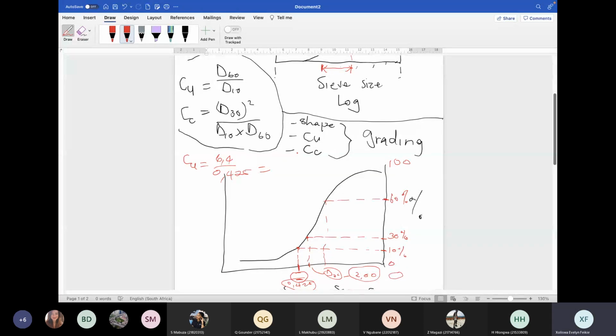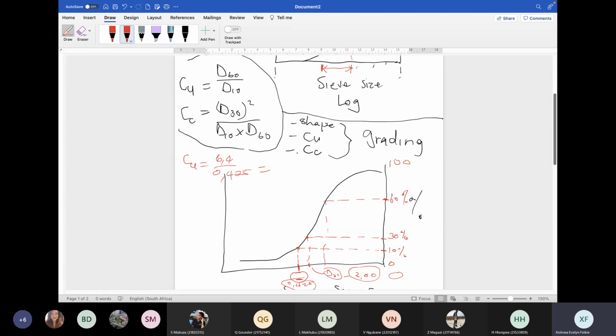If you're asked to comment on the grading, don't just say well graded. Why did you make that decision that it is well graded, or not well graded, or whatever graded? How did you come to that conclusion? That's the most important part of this section. It means this section is not complete if you don't answer it in that way.